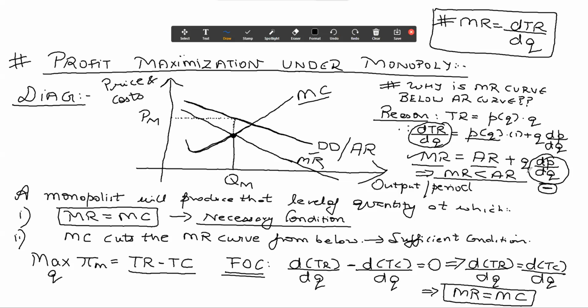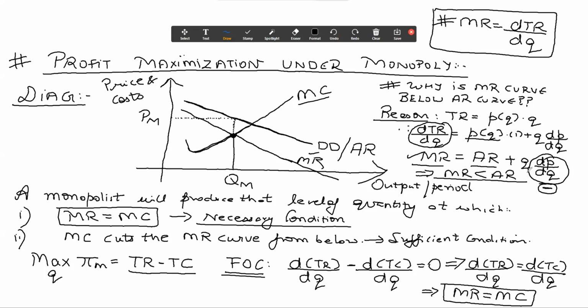Average is derived from total. So always remember, in economics, be it any curve, changes in marginal are always faster than changes in average. That is why you can see MR falls more sharply as compared to AR. Or another way of putting it, the MR curve is steeper than the AR curve.